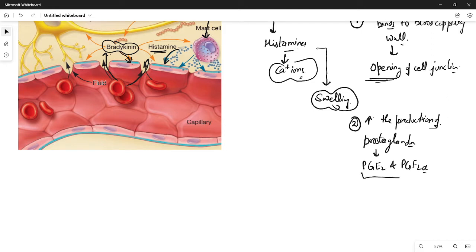They also promote the swelling around the damaged area, so they are also responsible for the tissue swelling.